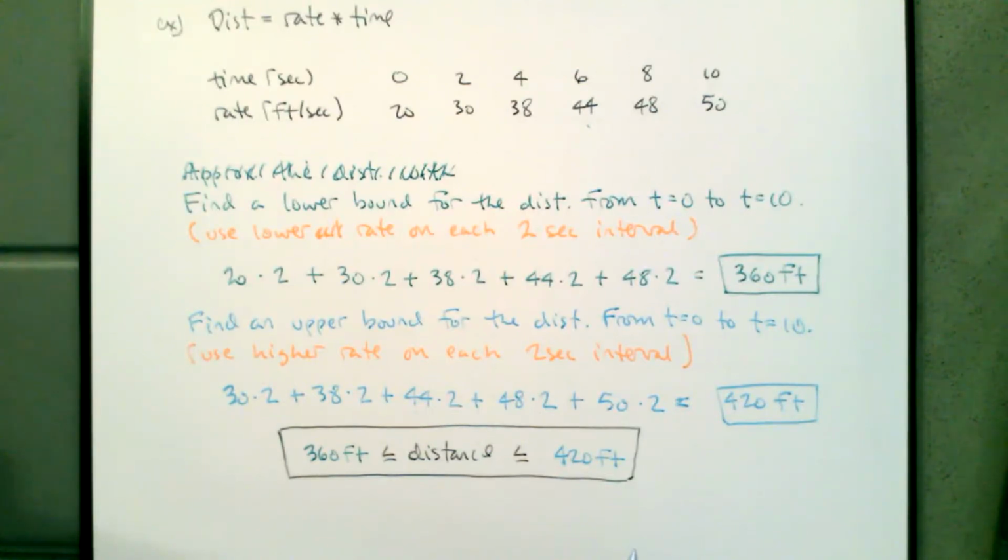If you're talking about finding a spot on the moon, plus or minus 60 feet is probably pretty good, because that's a long way away. But on the order of 360, you don't want to be off by 60.